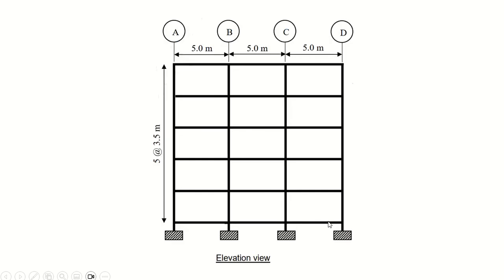And this is from the elevation view. We can see that the height of each floor is 3.5 meter.